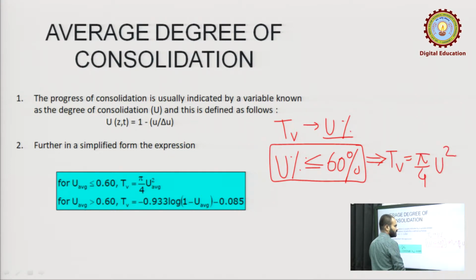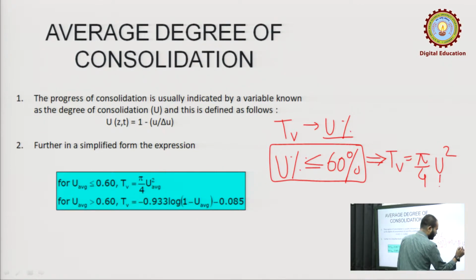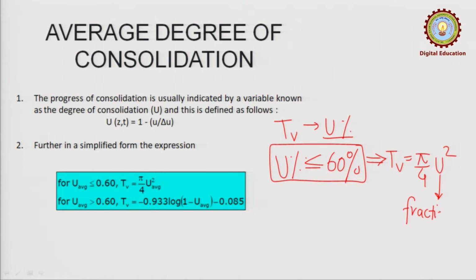But remember, U here will be in fraction, so U must be less than or equal to 0.6. Up to this case only, Tv will be calculated by this formula, pi by 4 U square.